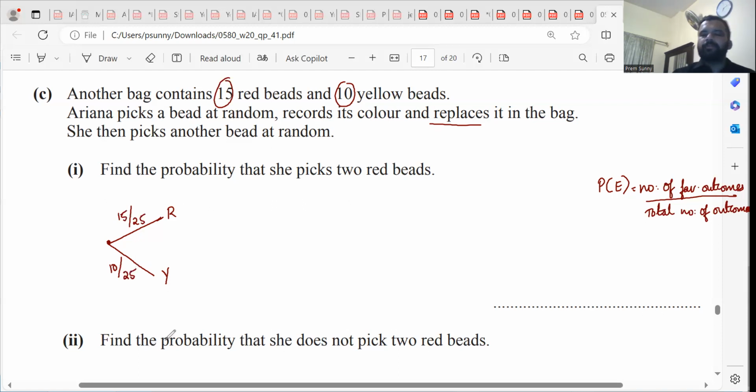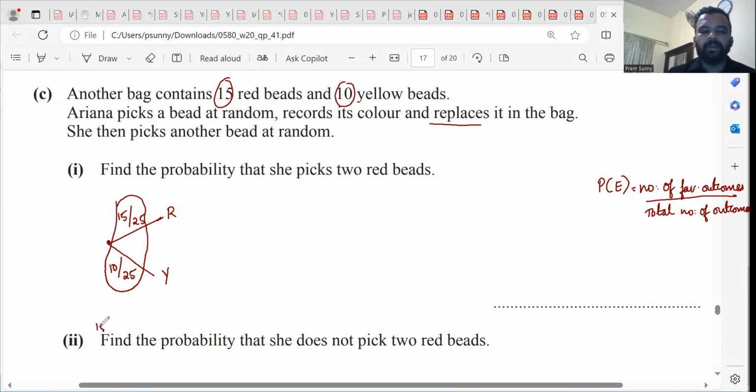Now I'm done with my first attempt. In my first attempt, probability of getting a red is 15 over 25 and probability of getting a yellow is 10 over 25. Whenever we add the values in a column, it should always add up to give you 1. Whenever you add the values in a branch, it should give me a value of 1.